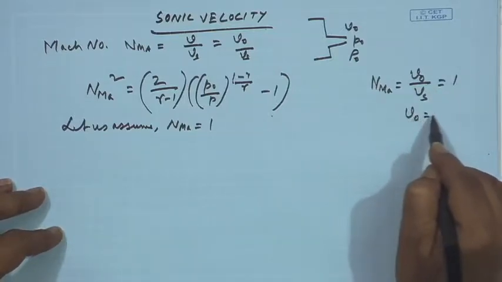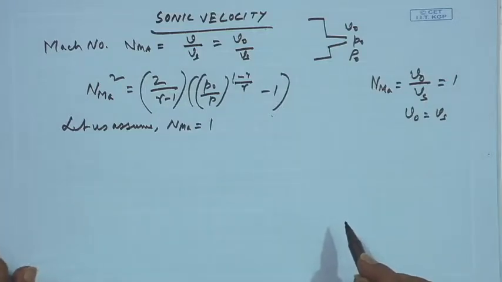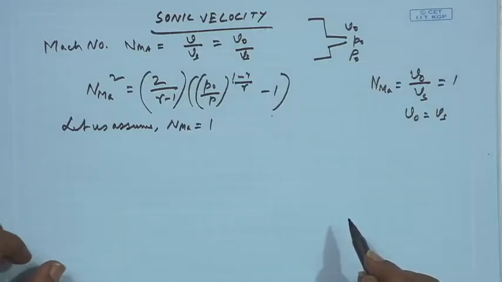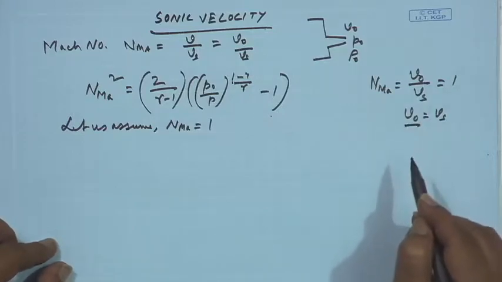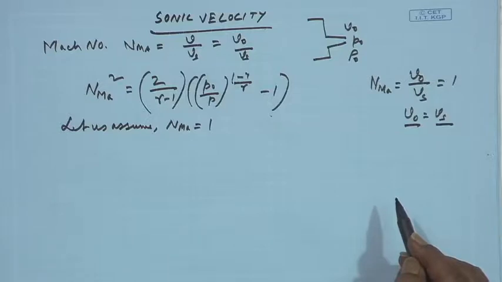That means V0 is equal to Vs, which means that when Mach number is 1, the velocity at the tip is the velocity of sound.